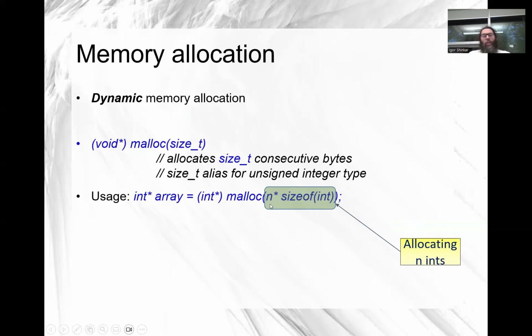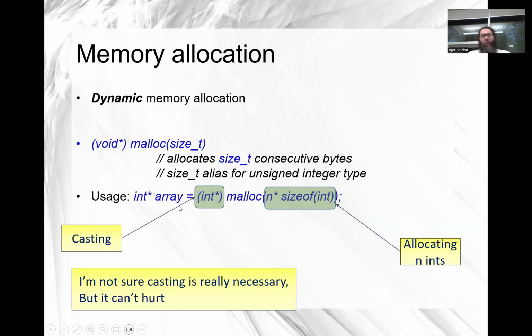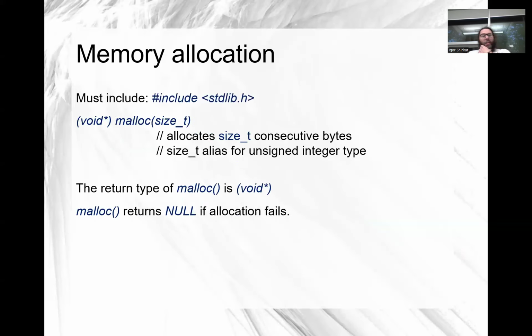Let's say we want n ints, so we write n times size of int. So if you want, for example, 10 ints, n will be 10, and size of int is usually 4, so this will be 40. Okay, and then we cast it into an array of ints or pointer to int, and this is what our variable gets.